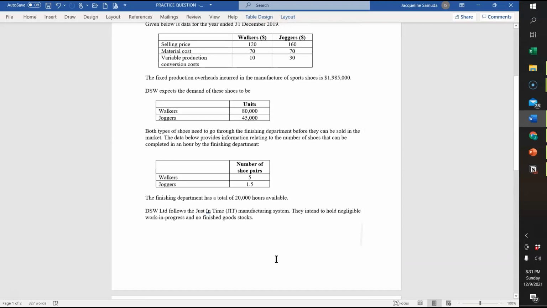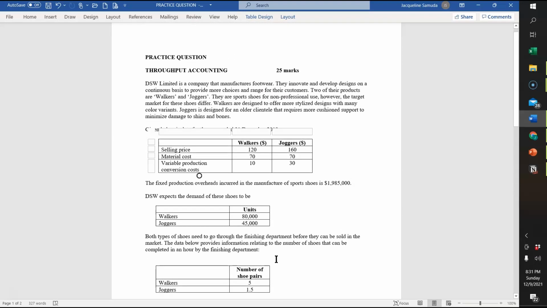So if we look up at the question, the first table, we're told that the selling price for the walkers is $120, whereas the selling price for the joggers is $160. The throughput formula also requires the direct material cost, and again, this is provided by the table: $70 for the walkers and also $70 for the joggers.